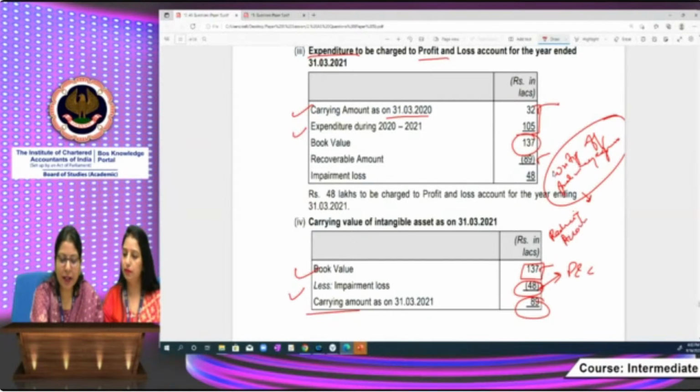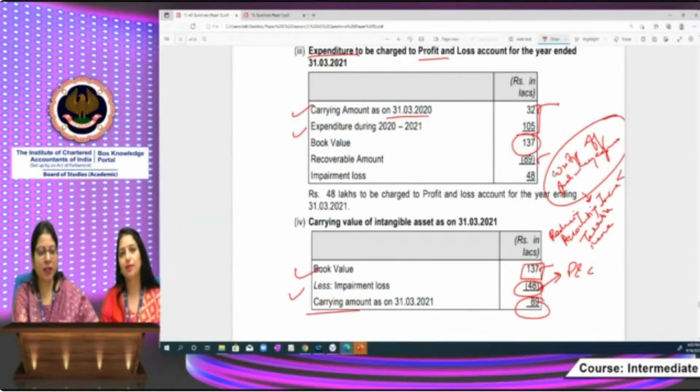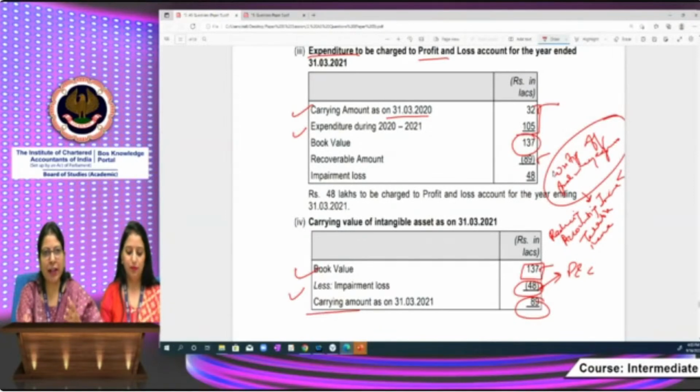What will happen? My accounting income will be less than my taxable income. But under tax laws, if there is no provision for writing off preliminary expenses, they will never allow me such a deduction. Then that is not a timing difference but a permanent difference.